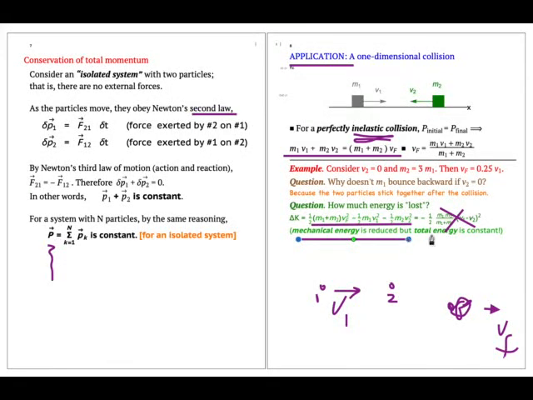However, it's a universal principle of science that total energy is constant. So some other form of energy must have increased by the same amount that the kinetic energy decreased. So where did that energy go?